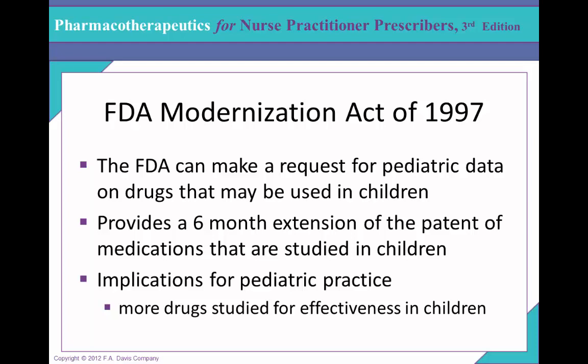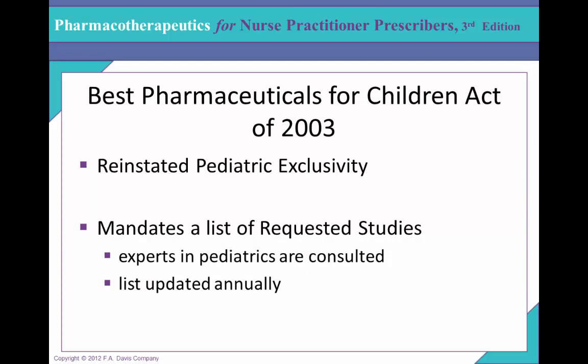So it was very important to test the effectiveness of all these drugs in the pediatric population as well. As I previously stated, in 2003 pediatric exclusivity was reinstated, and it was mandated to test all the drugs already in the market in the pediatric population, otherwise they would be removed.